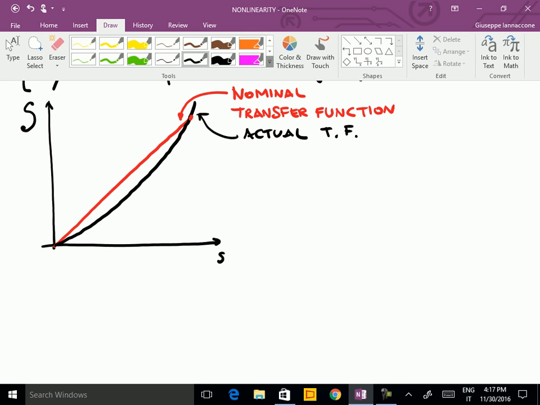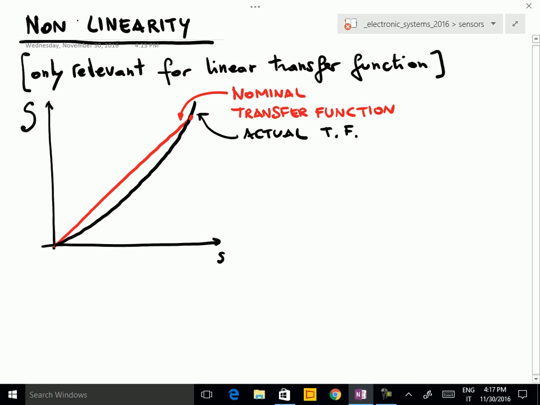So there are a few ways to define the non-linearity. The most common one is to consider the maximum error with respect to the nominal transfer function. So the maximum error with respect to the linear transfer function can be this one. Let us call it N1. Maximum error WRT, which is pretty common, I mean with respect to the linear transfer function.